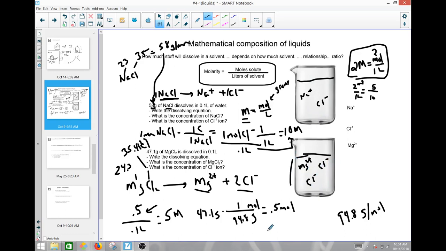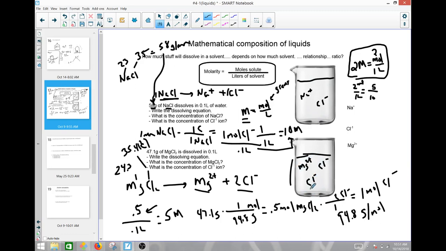So my concentration of my chloride ion will be twice that of the whole unit. So 0.5 moles of this is magnesium chloride. For every 1 of those, we get 2 Cl's. So I have 1 mole of Cl negative. And again, that's like saying I have 1 of these, I get 2 chlorines.